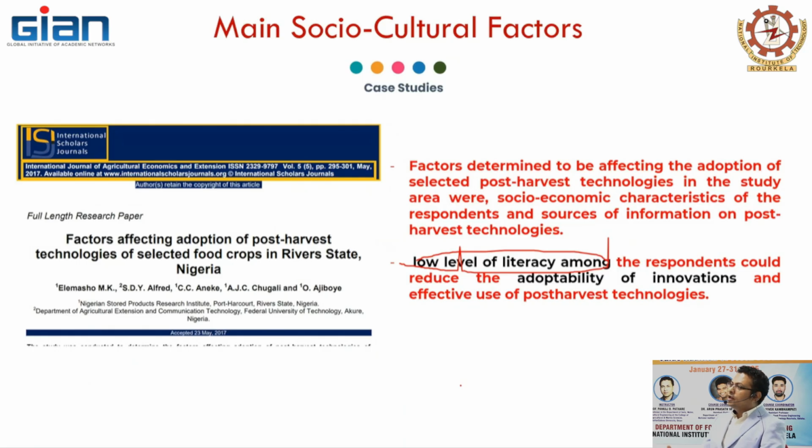The technology is supposed to be available to the communities, to the people, to the stakeholders. And it is supposed to link with education, because if there is no literacy or awareness, they are not ready to adopt your things easily. That's why the study also came in, that low level of literacy is a big barrier for the adoption of new technology or effective use of the technology. They still use it how they want to use it.